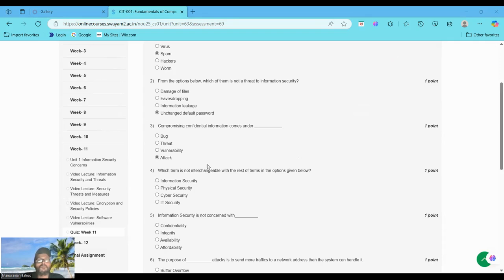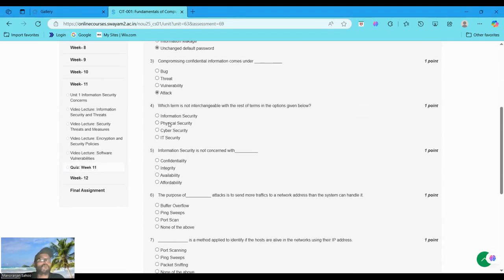Now, moving to question number 4. Which term is not interchangeable with the rest of the terms in the options given below? That is physical security. Information security, cyber security, and IT security are often interchangeable, focusing on protecting digital data and systems.